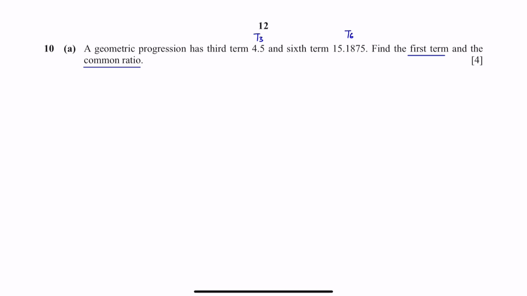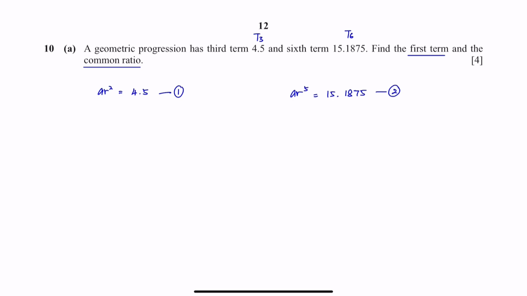So ar squared equals 4.5 and ar to the 5 equals 15.1875. This is the first equation. This is the second equation.